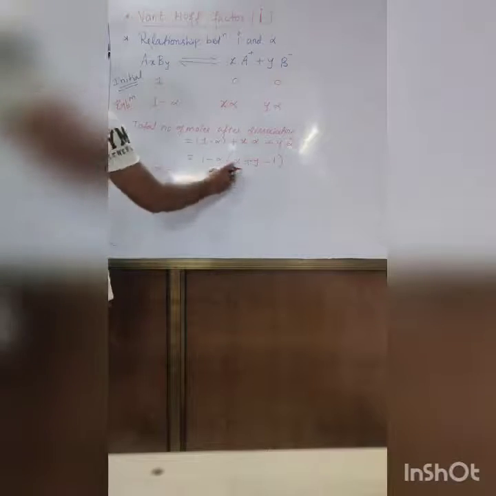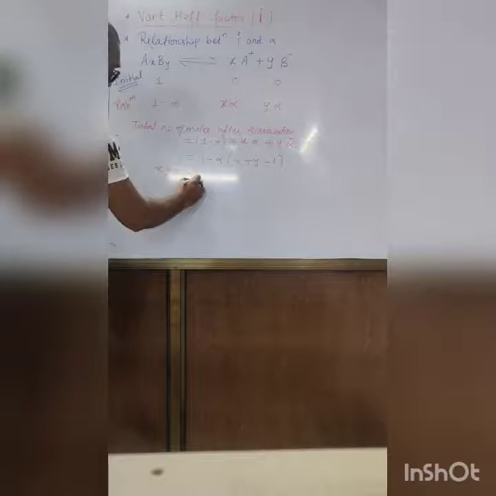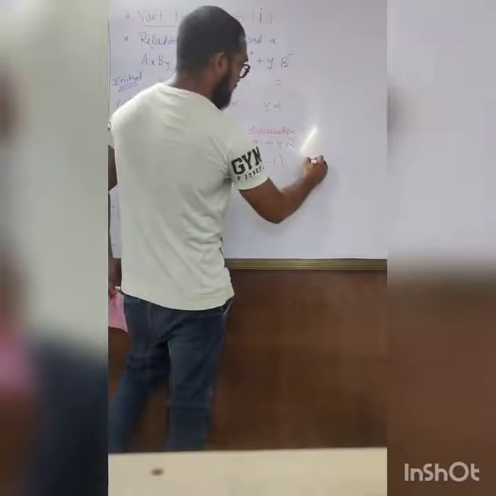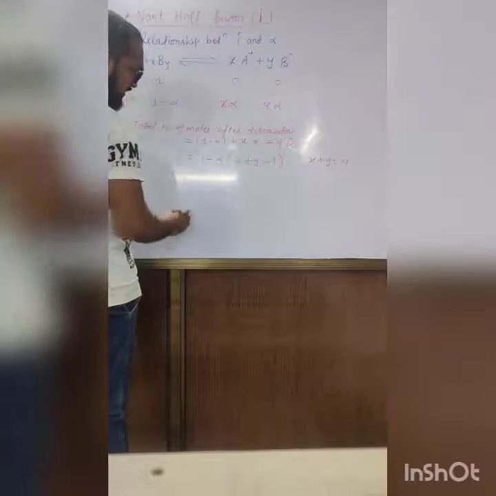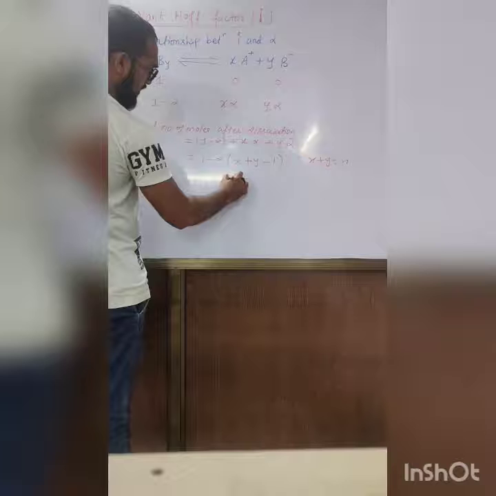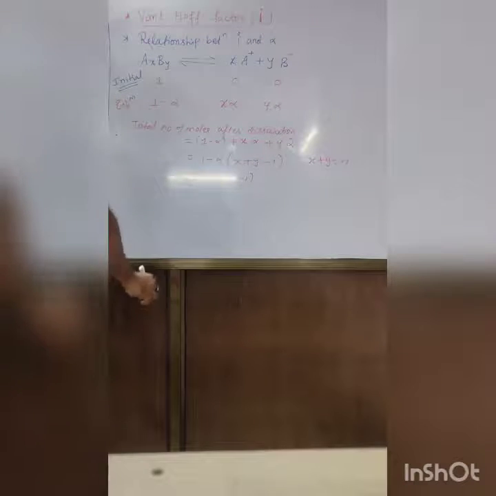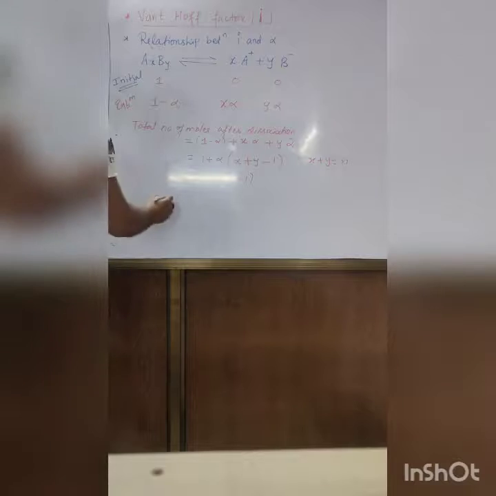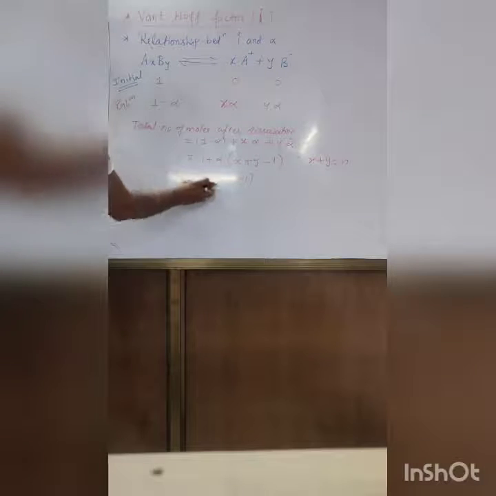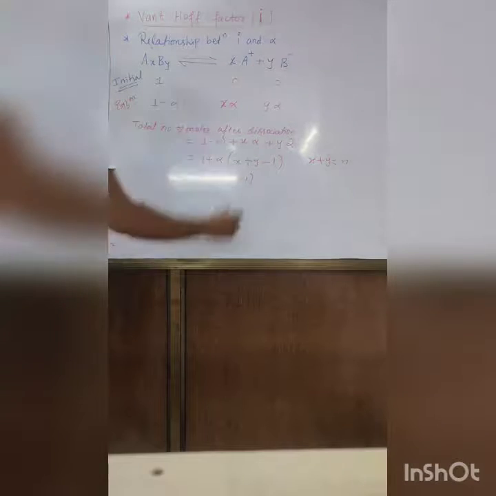So the total is 1 minus alpha plus n alpha. So this is the total number of moles after dissociation.